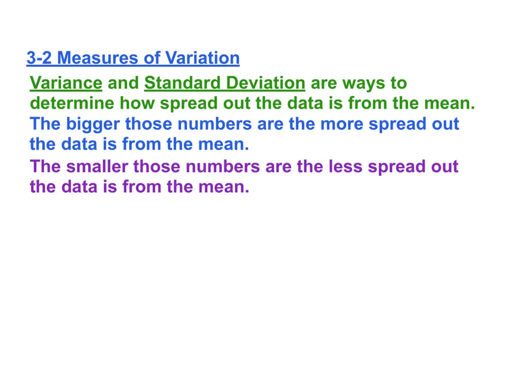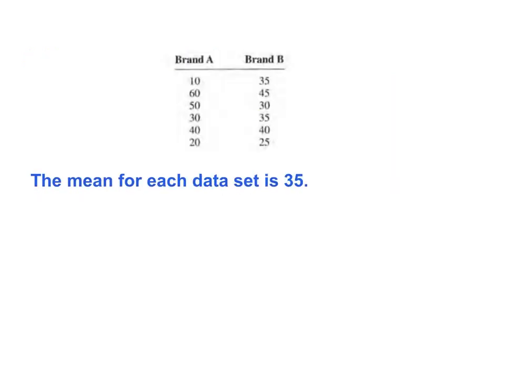Okay? I'm going to show you an example of two data sets that have the exact same mean, but the data is spread out differently. So that having the mean doesn't tell us enough information about what's happening with the data. And we'll look at that example in a second. Here's an example, okay? We've got brand A and brand B of something. Doesn't matter what.